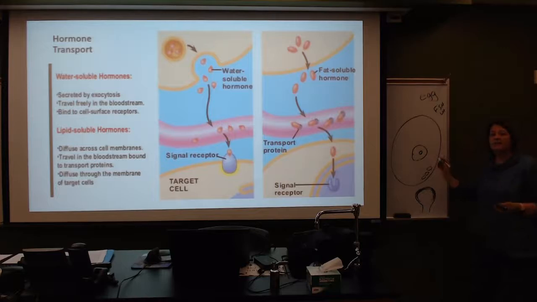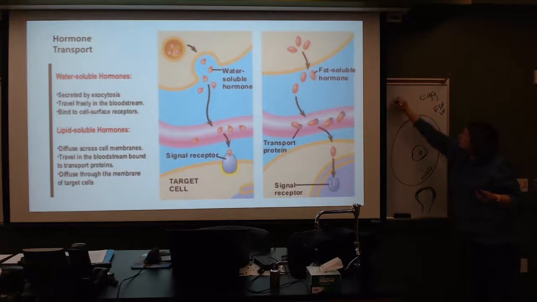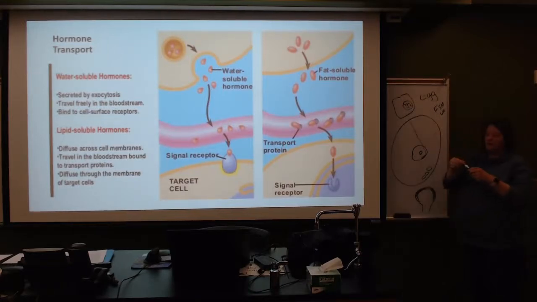Okay, so let's blow up the cells that are here in this follicle. Let's do like a picture in a textbook, and blow up that cell, which will have its nucleus, which will have its DNA, and on that DNA are going to be my genes. And those could be genes for production of progesterone.